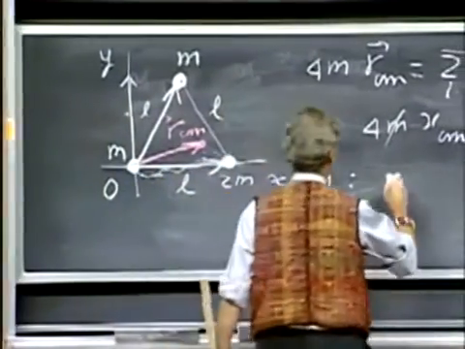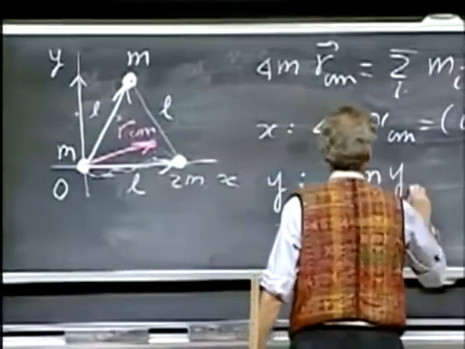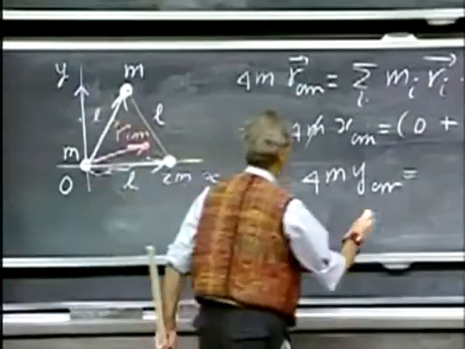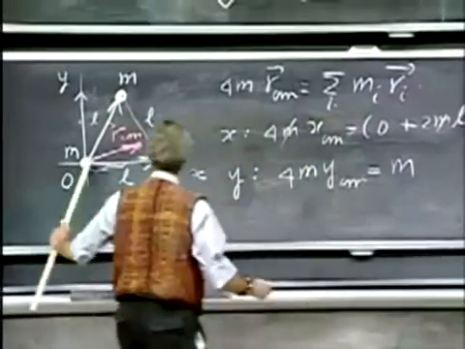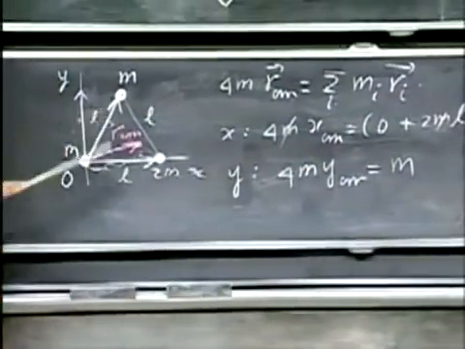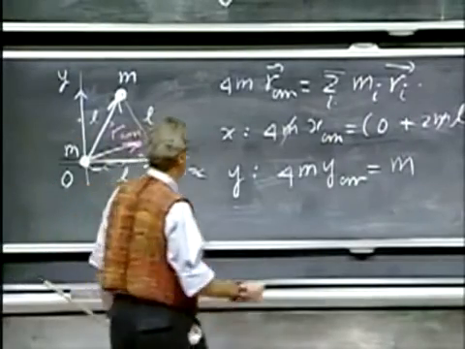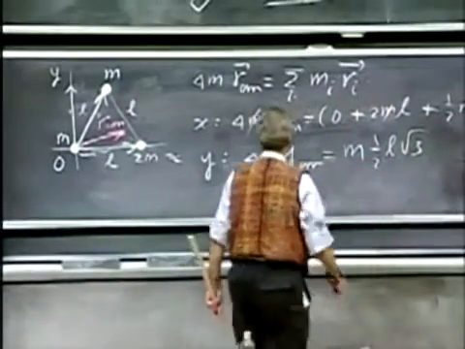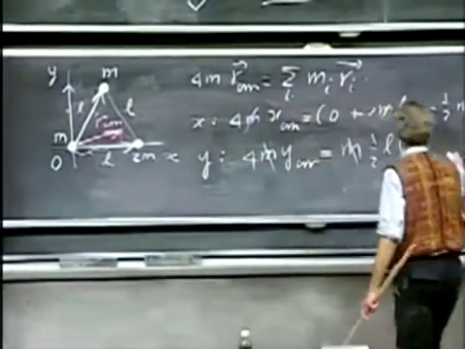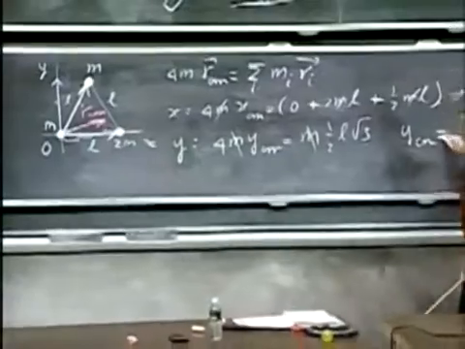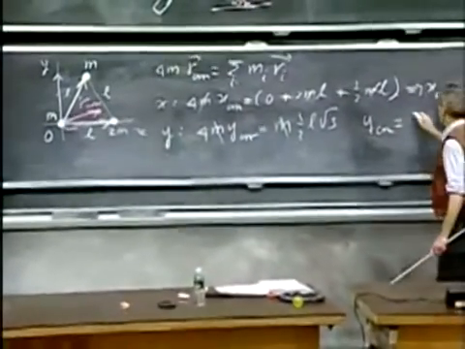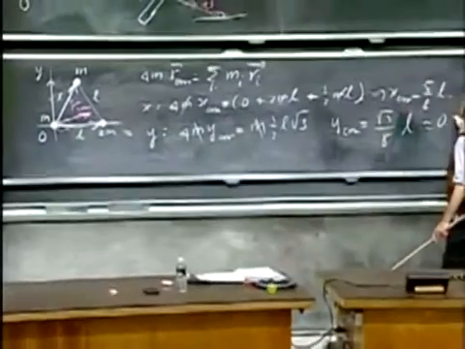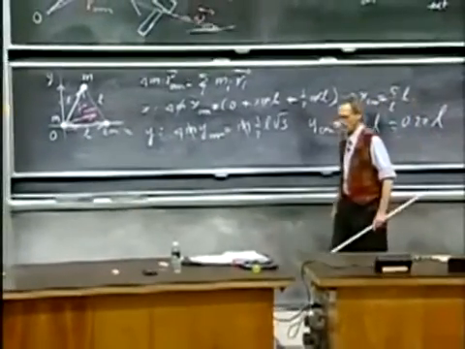So you're going to get that 4m times y of the center of mass equals this mass m times the y component of that position vector, and that is 1/2 L square root of 3. And so you lose your m, and so you see that y center of mass then becomes the square root of 3 divided by 8 times L. And I think that's about 0.22 L very roughly.